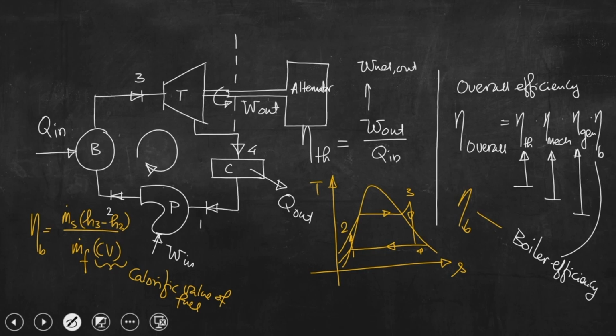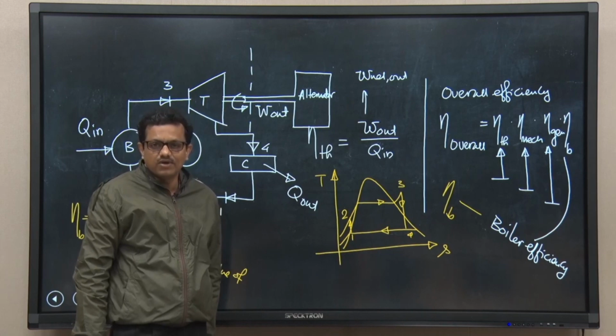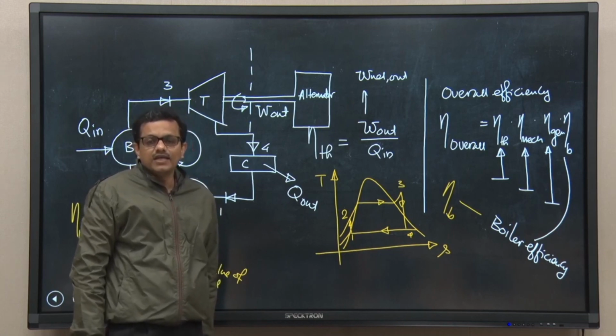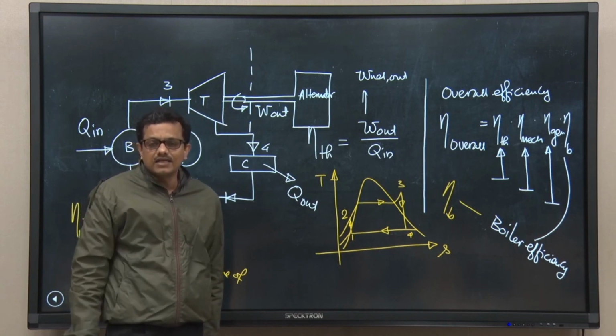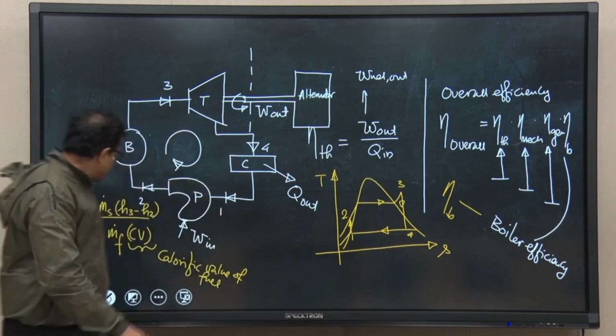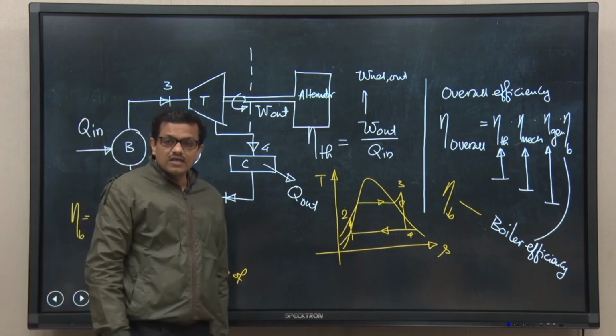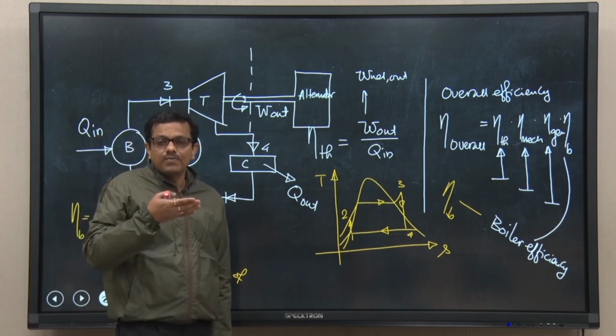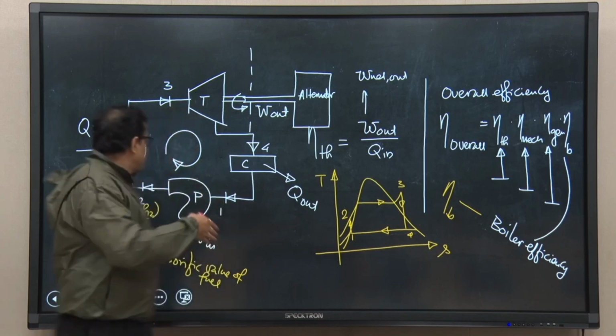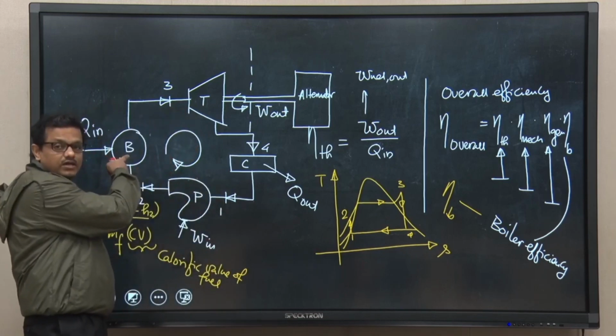So, this is the amount of energy added to the working substance if we apply the steady state steady flow equation to the process in the boiler, that is the constant pressure heat addition process, and ignore the changes in kinetic and potential energies. That amount of energy is coming essentially from the energy being supplied to the boiler.